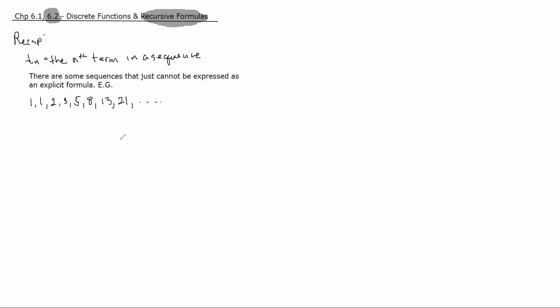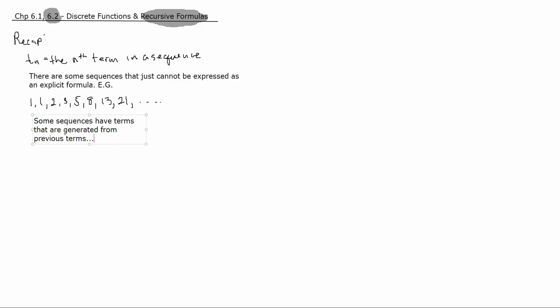Certain sequences must be written using what we call a recursive formula and not an explicit formula. Why? Because the future terms are generated from using previous existing terms. Maybe I should write that down again. Some sequences have terms that are generated from previous terms.